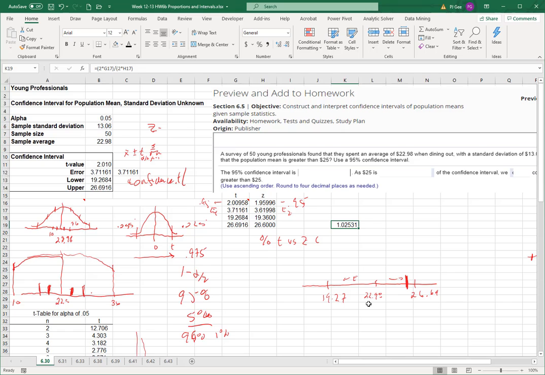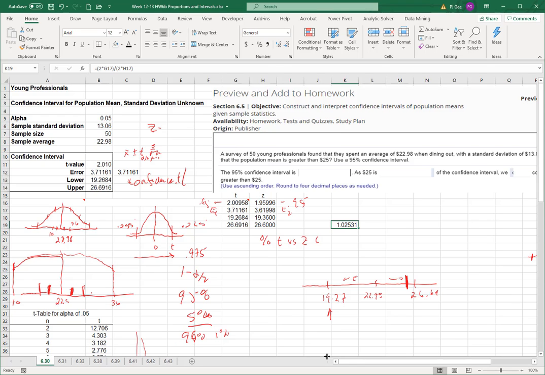Why can we not say that? Because our range includes the possibility that the population mean could be all the way down here. Under the rule that we use, a 95% confidence interval, the mean could be all the way down here.